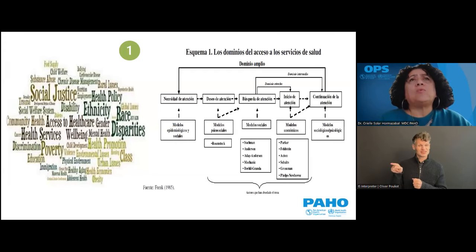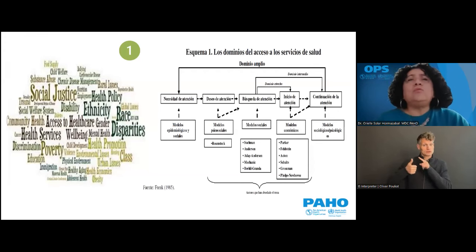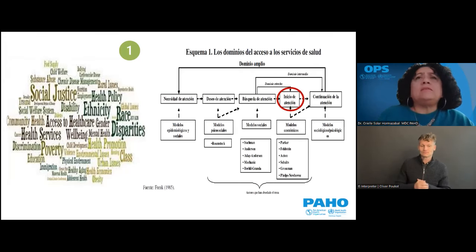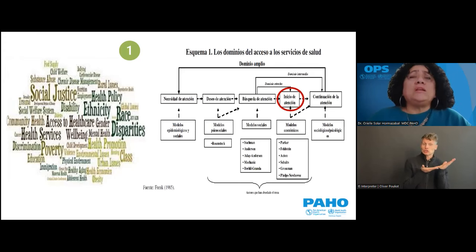So, the first thing I would like to mention in this regard is that when we look at the process of health and disease, we undoubtedly see that access to services is something we often concentrate on.